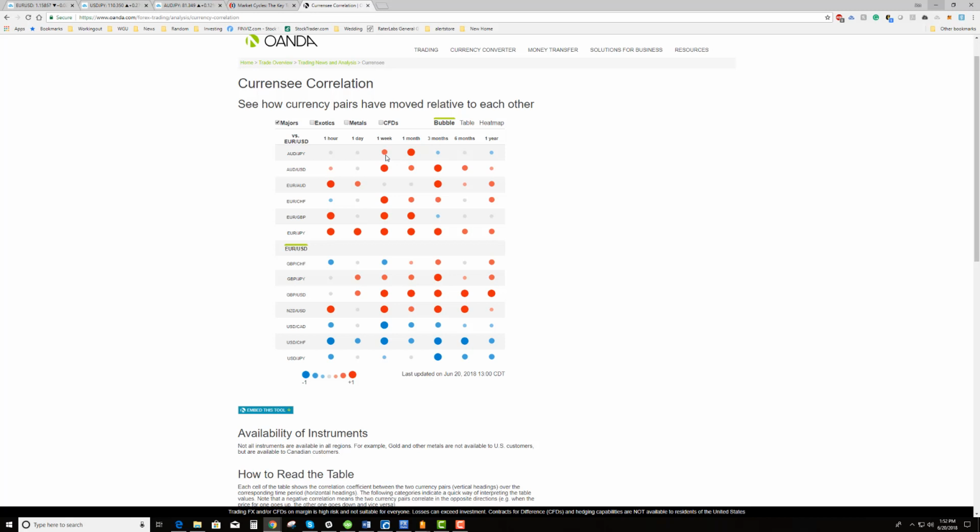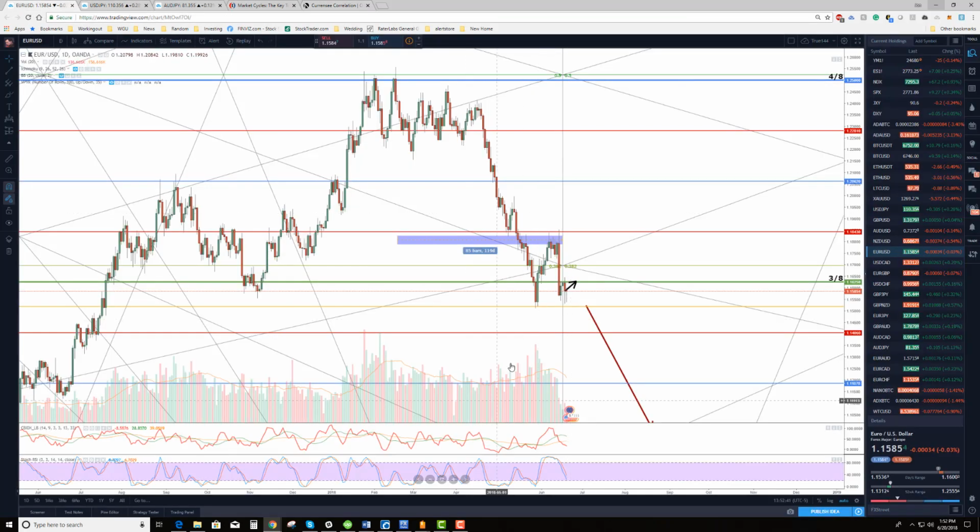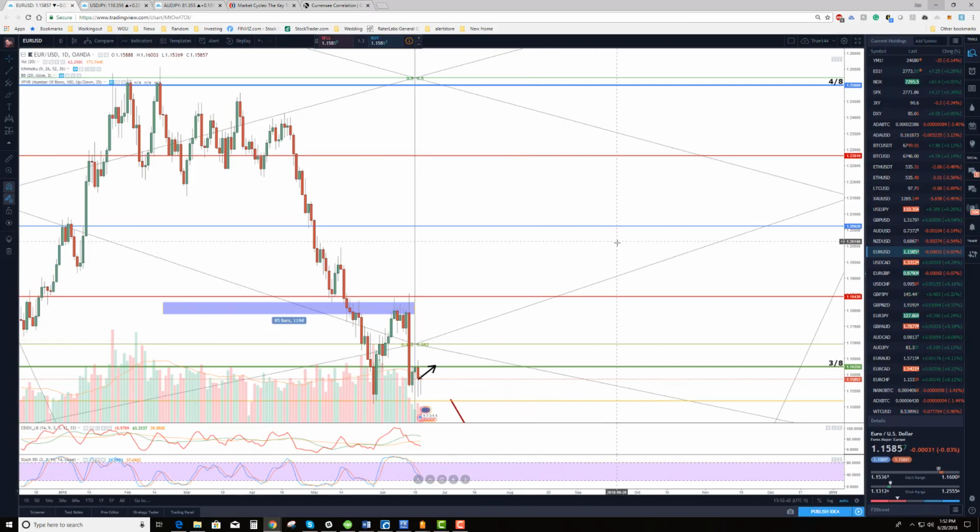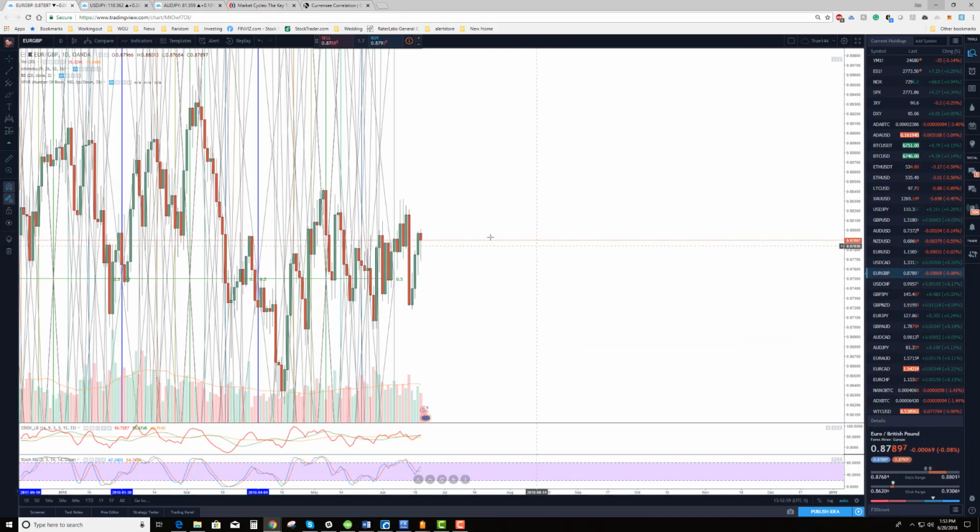It's a very good idea to pay close attention to how pairs are moving. And I want to point out that if you see the pound and the euro are both doing poorly against the dollar, then you can also imagine that they're probably not doing great against each other either.